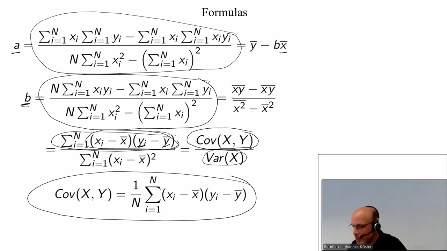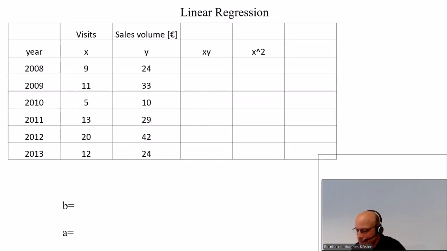Okay, some minutes are left, and then we can do the linear regression. So let's take our data now.